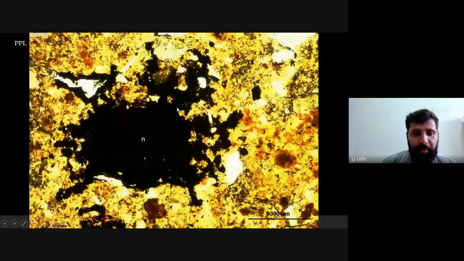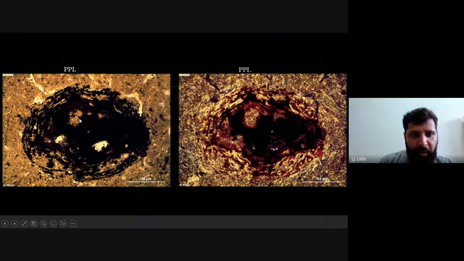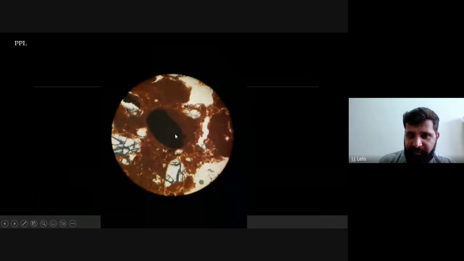So in comparison with this, for example, I can see inside the nodule some fractions, some material that's composed of the fabric of the thin section, or like here I can see some areas, some spots of this fabric inside the nodule. Here I cannot see this.